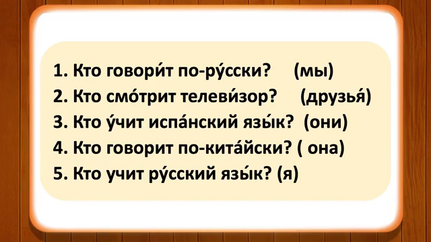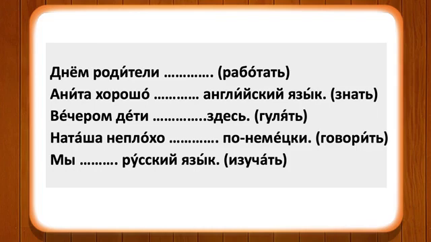The last question is кто учит русский язык? In the bracket, the pronoun is я, so the verb in the answer will be changed according to я. So я учу русский язык. So to the question кто учит русский язык, the answer would be я учу русский язык.